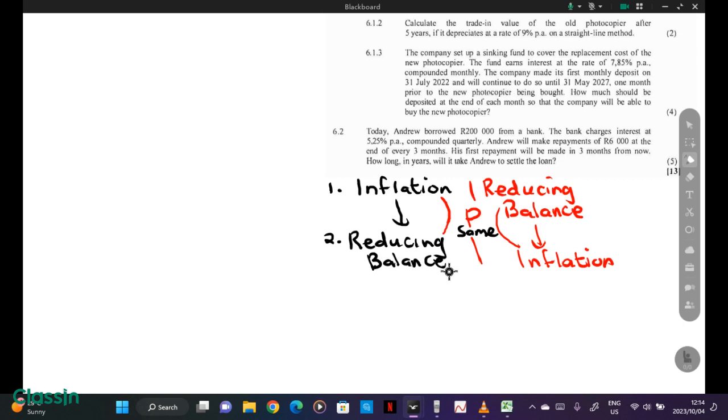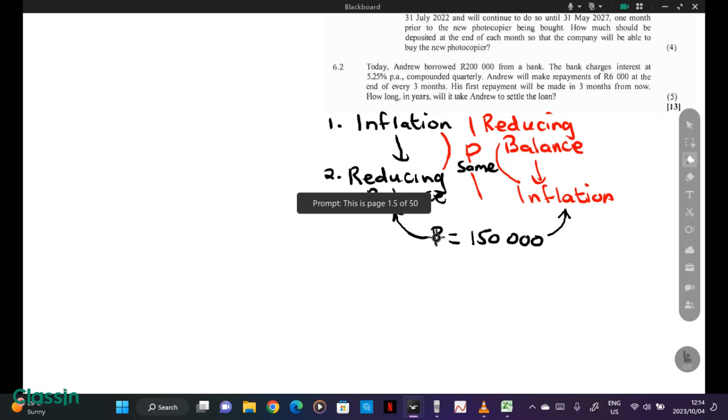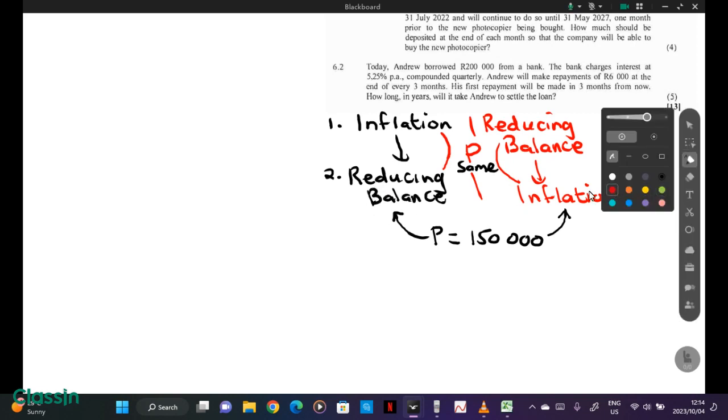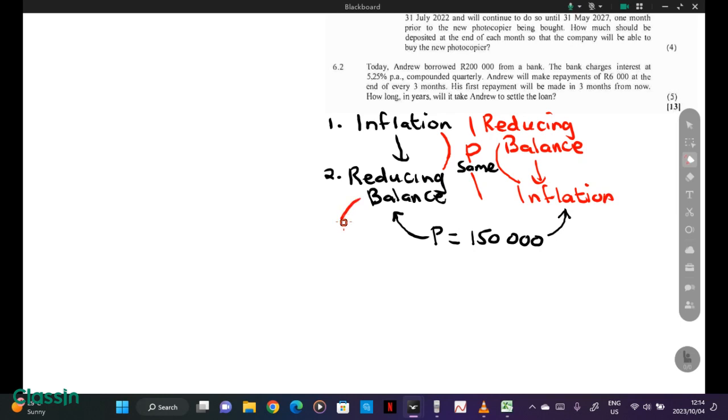In this case, the price of the old photocopier is 150,000, so the value of P for reducing balance is 150,000, and the value of P for inflation is also 150,000. Now, let me start with the reducing balance.